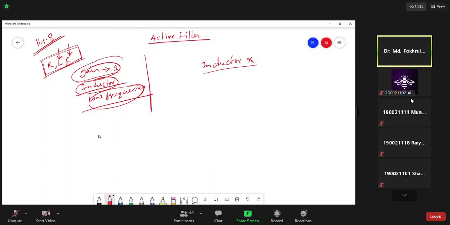Secondly, the active filter can provide amplifier gain in addition to providing the same frequency response as the RLC filter. So it has gain greater than unity. And thirdly, active filters can be combined with a buffer amplifier or voltage follower.